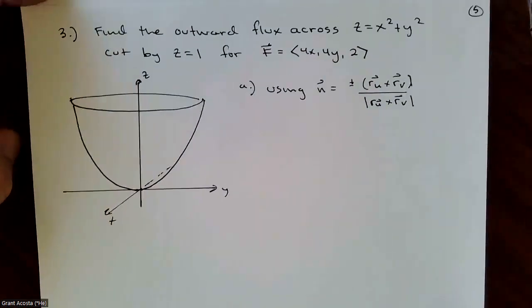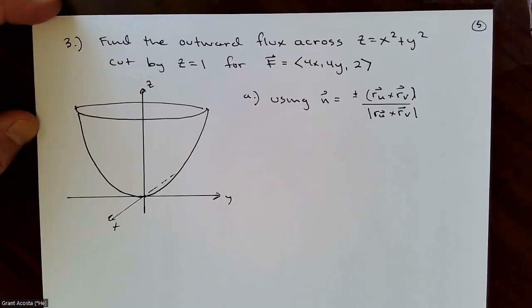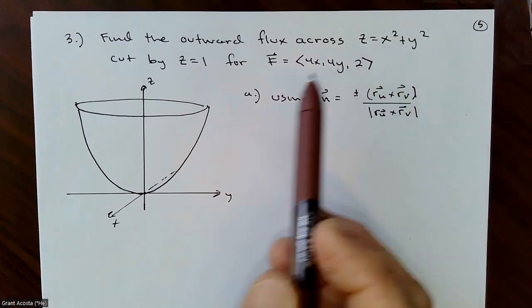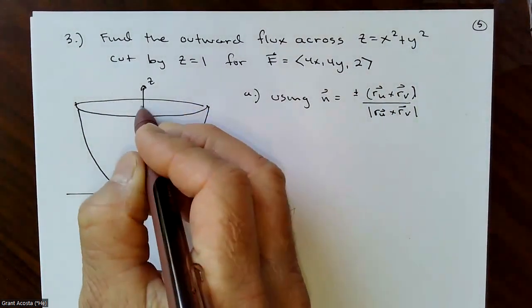One last one. Find the outward flux across the paraboloid z equals x squared plus y squared, cut off on the top by z equals 1.